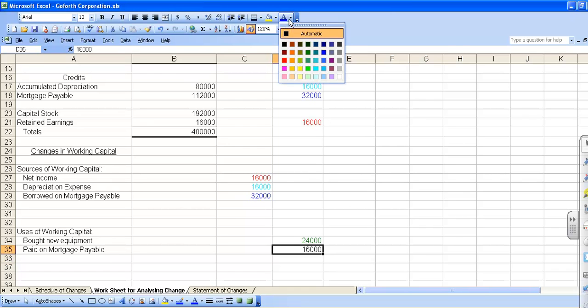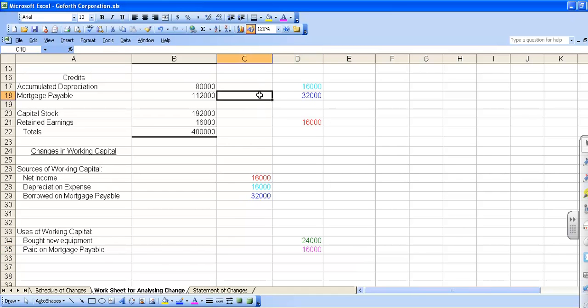And I think we're going to make that one pink. So if we owe less, we're going to put that $16,000 under mortgage payable on the debit side, and once again we're going to make that pink. Hopefully I'm not going too quickly for you.